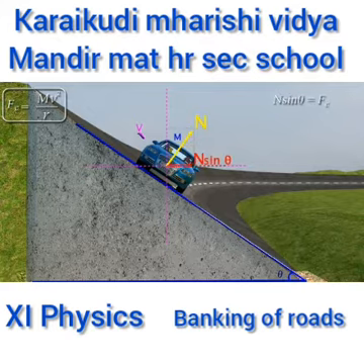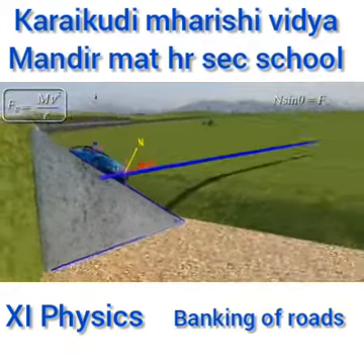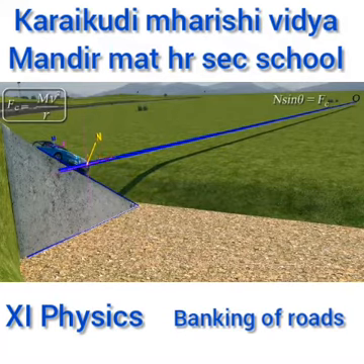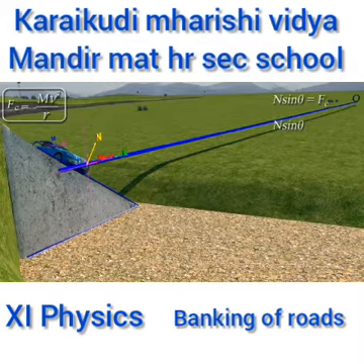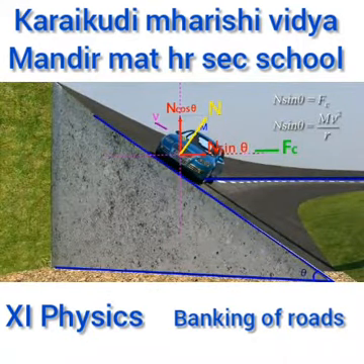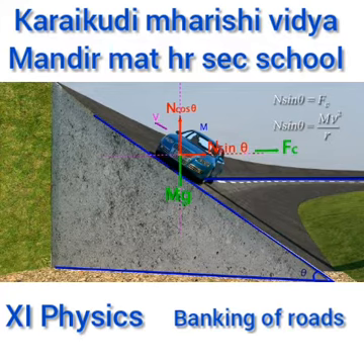Two wheeler it is not a bigger issue. So this normal is now divided into its components n cos theta and n sin theta, and n sin theta is acting towards the center, so it is equal to the centripetal force. And n cos theta is the component which is acting down, so it is equal to the force with which earth attracts, that is m into g.